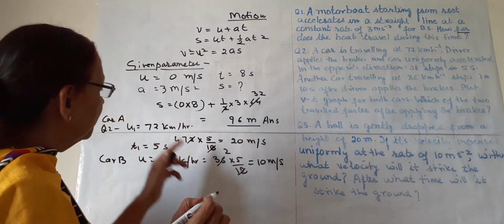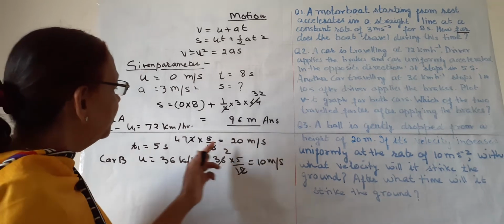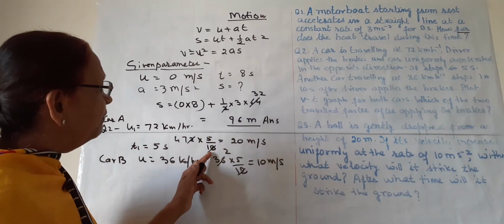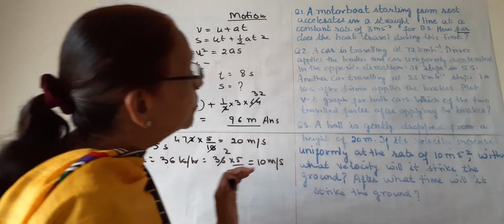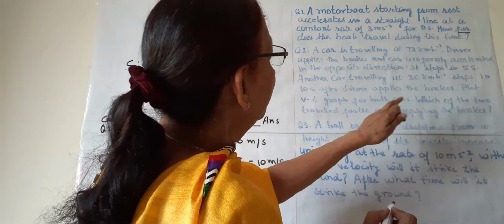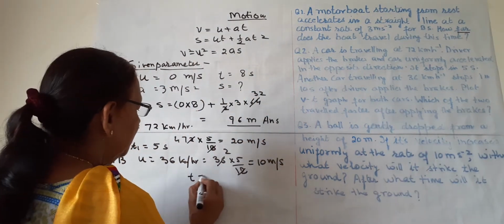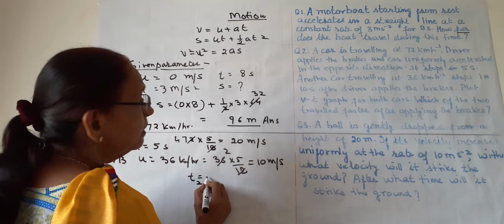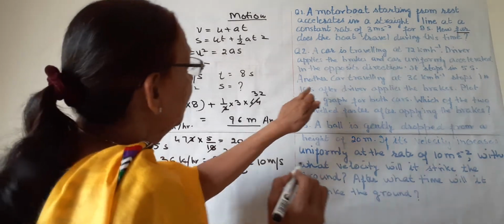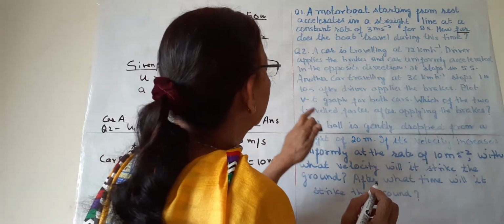So we have converted kilometer per hour into meter per second, the SI unit, by multiplying by the fraction 5 by 18. Now this is the speed u of the second car and the time given is t2, 10 seconds. Again, this is also retardation.